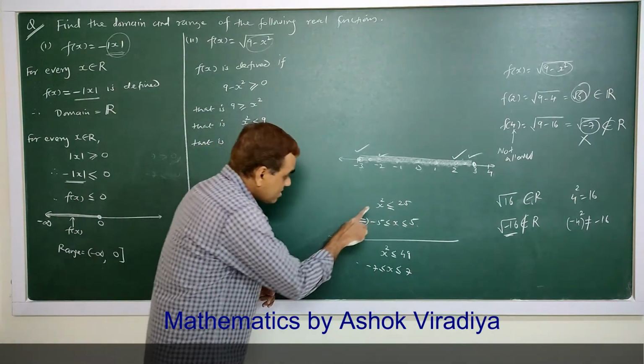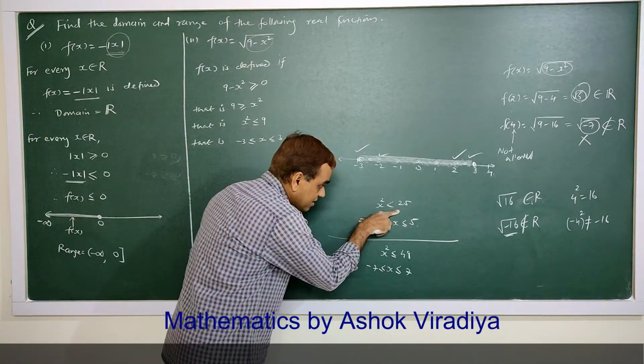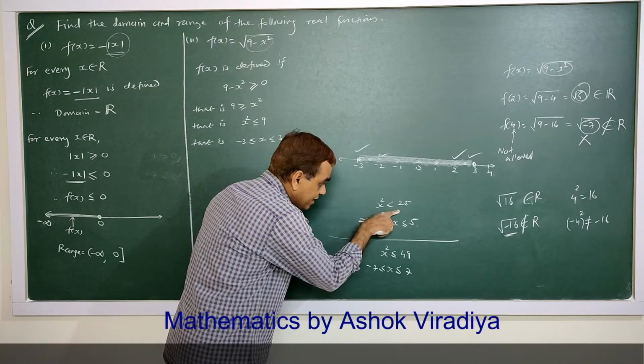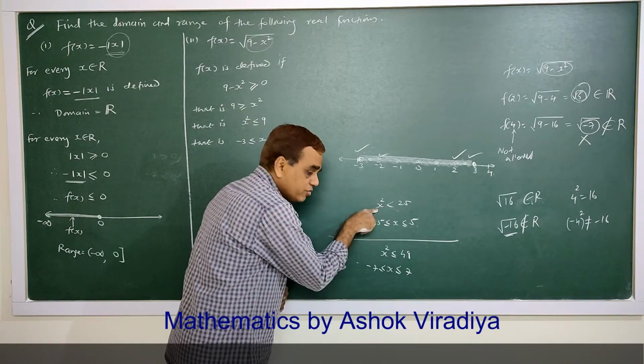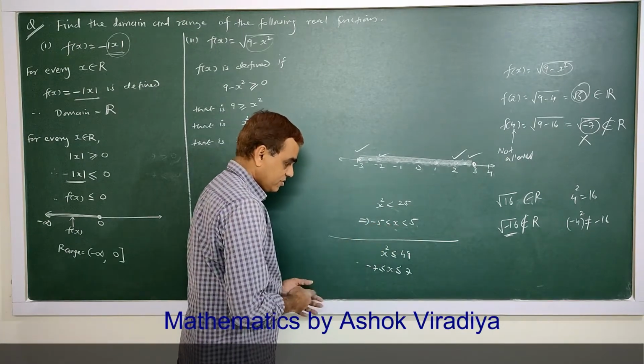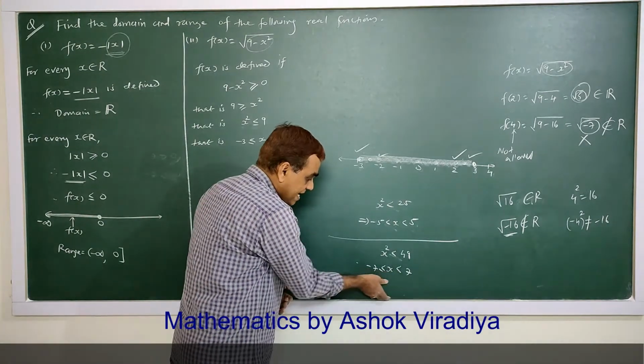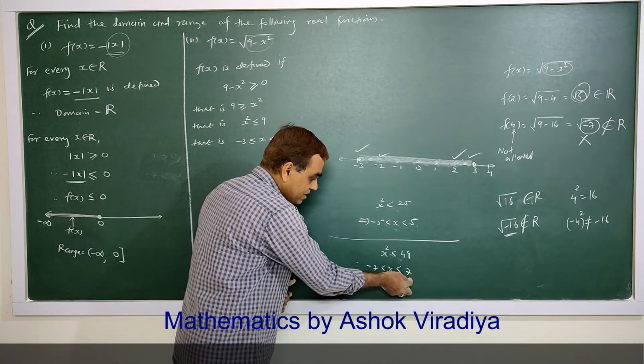And if here equality is not given, then we cannot take 5 or minus 5. So exclude 5 and minus 5. If equality is not given, then exclude endpoints. Then this will be an open interval.